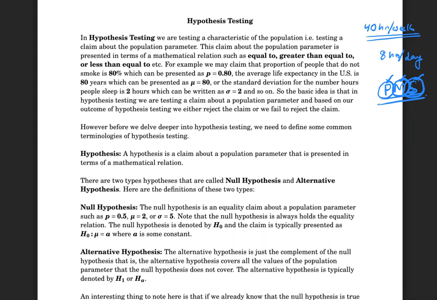All right, but there are big scenarios. As a manufacturer, you might be interested in what is the average production time. So in that case, you're testing for mean, okay? And the same manufacturer might be interested in what percentage of the product being shipped are good quality product. Or the same manufacturer might be interested in finding the standard deviation of, let's say, the number of hours that they spend in making the product.